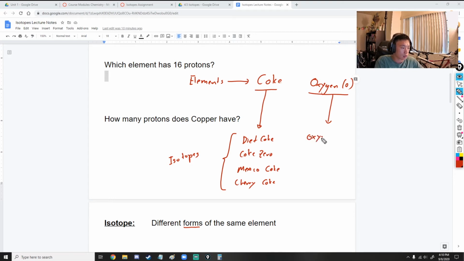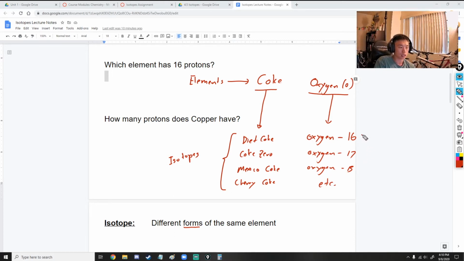There's a bunch, but let's keep it simple. There's oxygen 16, oxygen 17, oxygen 15, etc. All these different types of oxygen are isotopes. They're all oxygen, but they are different types of oxygen.